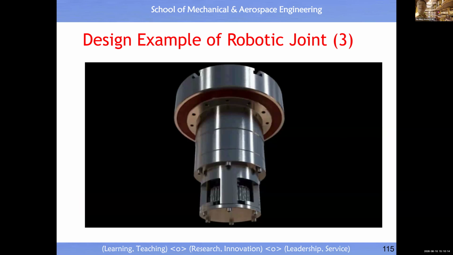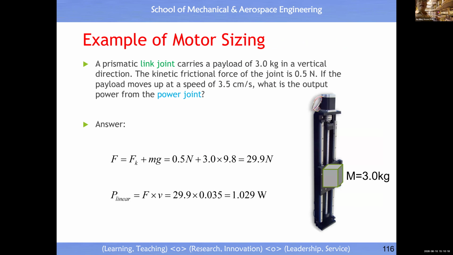This is another example. I'm not going to play it, similar to the previous one. This example is to warm you up for the study of robot dynamics. Because when you design the power joint, there's one requirement called motor sizing. What power motor should you choose?